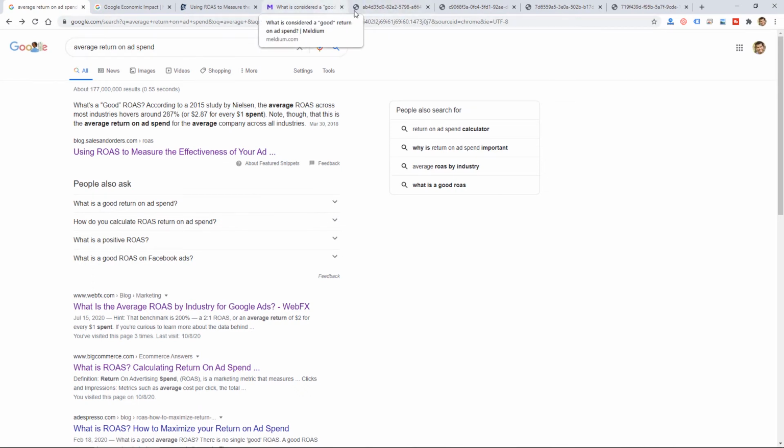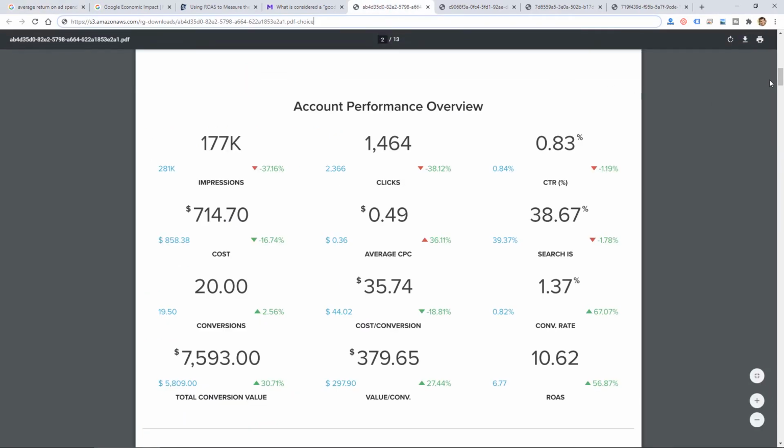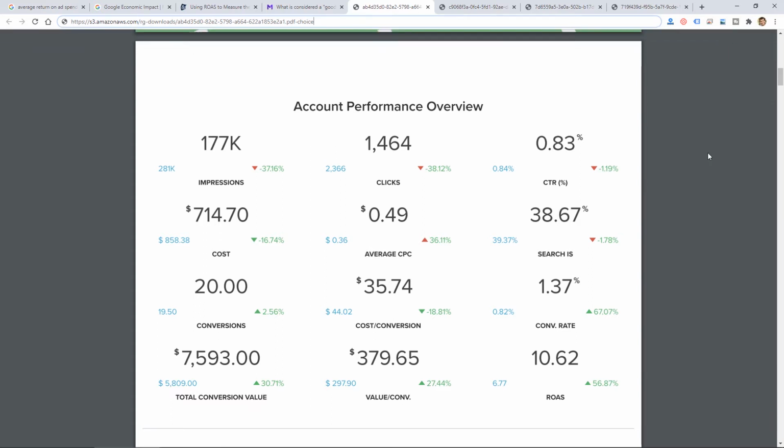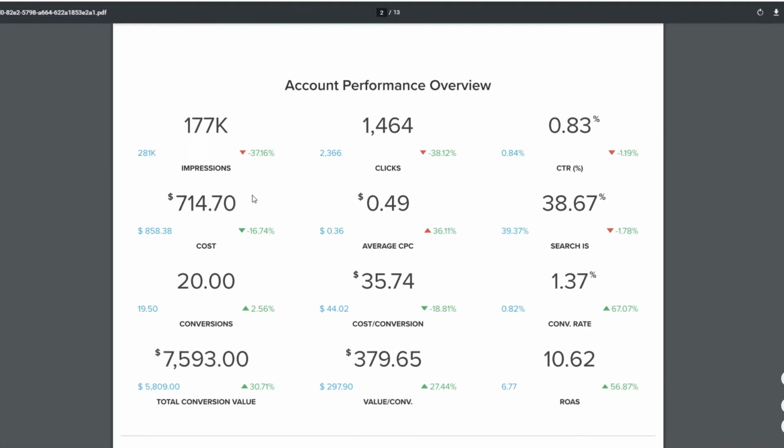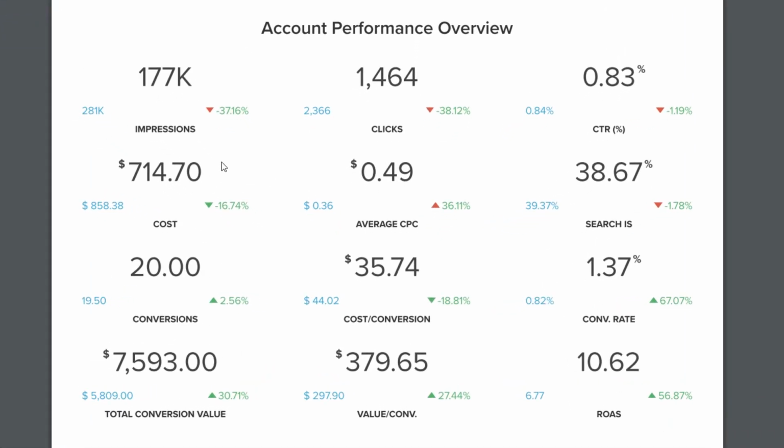But let me show you a few of my clients where we're tracking ROAS. I would say out of all the clients who I manage accounts for, probably 5% are tracking value. So if we don't track value, we're not able to get a ROAS number. But here are 4 examples for people who are tracking ROAS. This first one is an awning manufacturer, or at least an awning wholesaler.